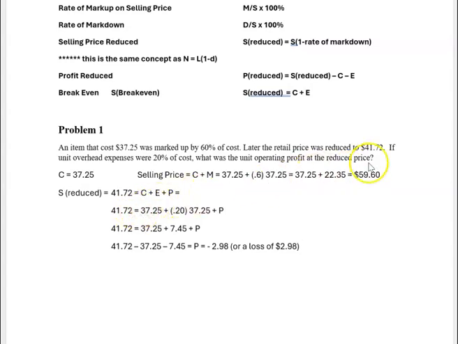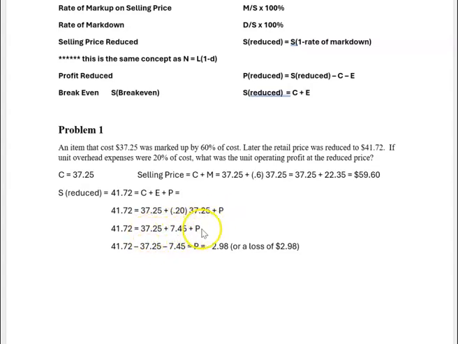So it's telling us that if the unit overhead expenses were 20% of cost, what was the unit operating profit at the reduced price? So if we look at the reduced, $41.72 equals our cost, which is $37.25, our expenses, which is $37.25 multiplied by 20%, and then any of the rest would be profit.